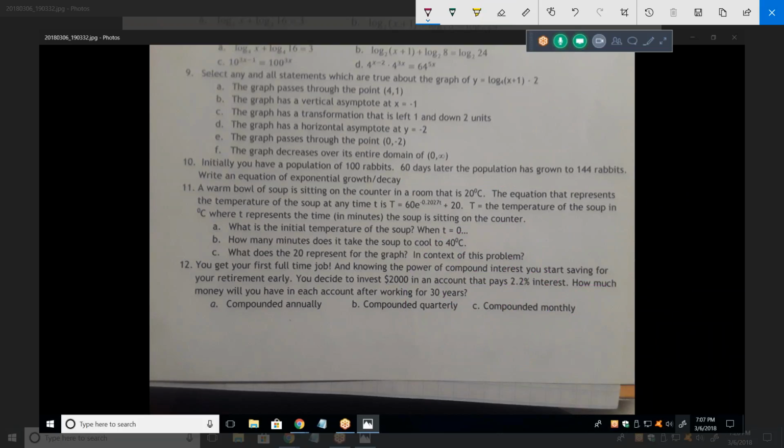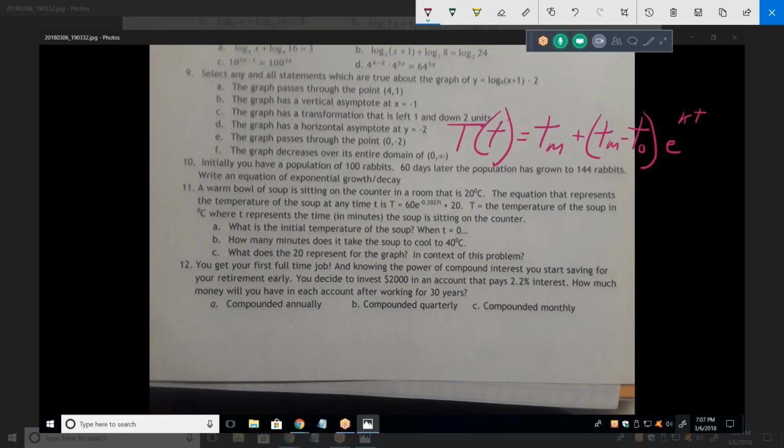All right. Newton's law of cooling. Let's see if I can finally remember it. The temperature as a function of time is equal to the temperature of the medium plus the temperature of the medium minus the temperature of the original times e to the kt.